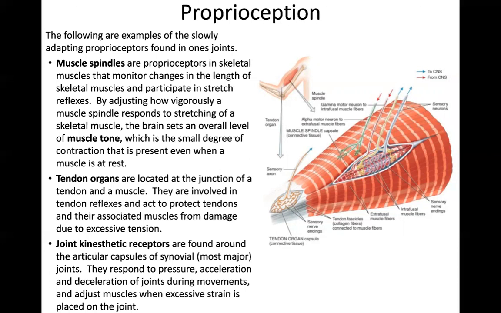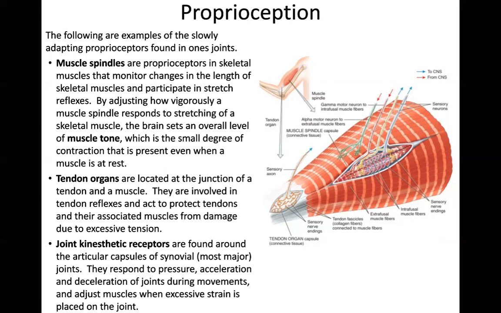Tendon organs, as are listed here, we also talked about them the other day. Golgi tendon organs, located at the junction of a tendon and a muscle, are involved in tendon reflexes and act to protect tendons and their associated muscles from damage due to excessive tension. Joint kinesthetic receptors, which are really brand new to us, are found around the articular capsule of our synovial or most major joints, responding to pressure, acceleration, and deceleration of joints during movements, and adjust muscles when excessive strain is placed on the joint.